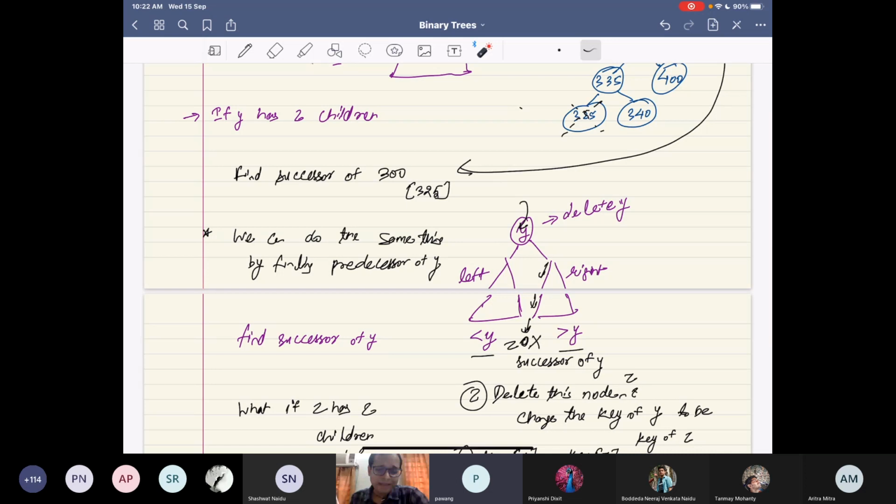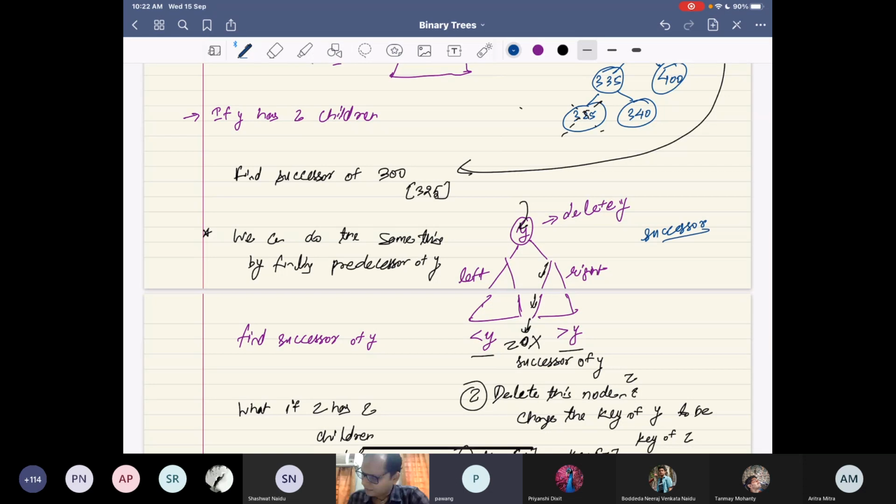What do I know about it? It will be just the next number after y. All the numbers in the left will be smaller than that number, and all the numbers in the right will be larger than that number. We call that the successor.